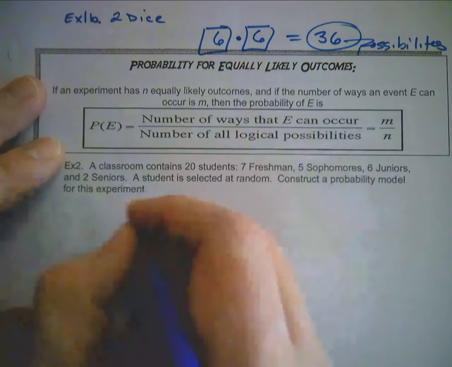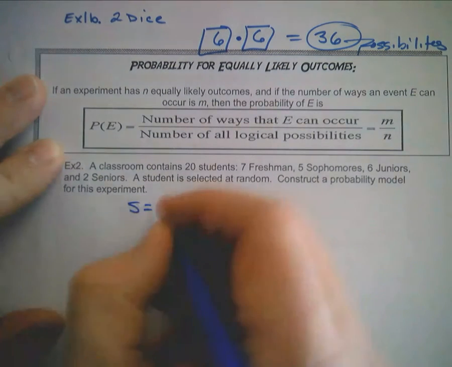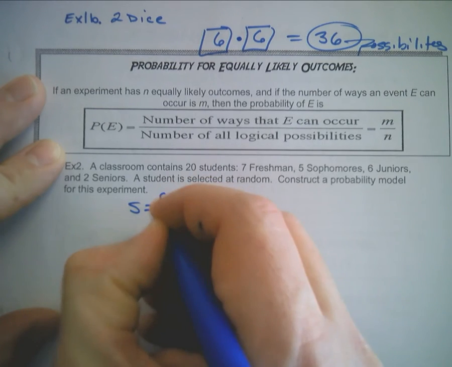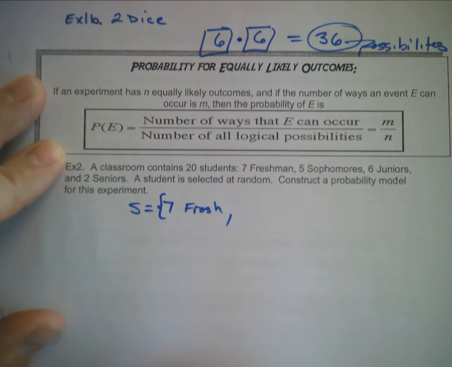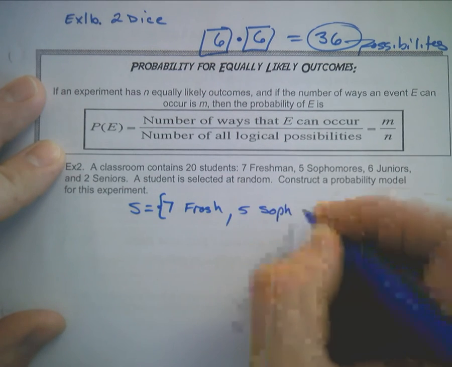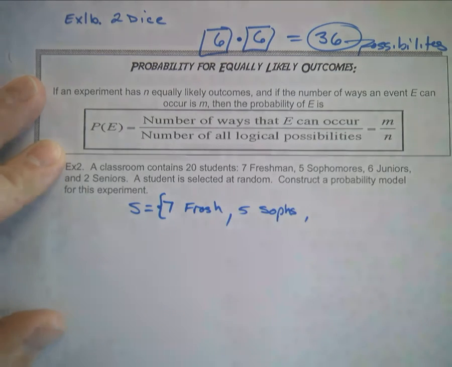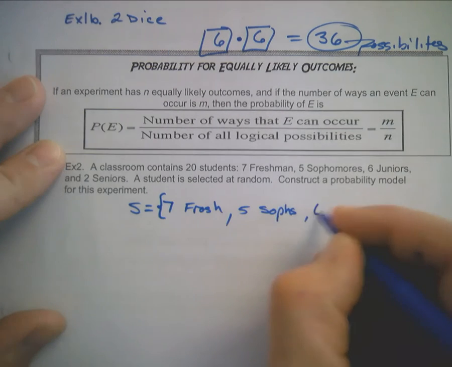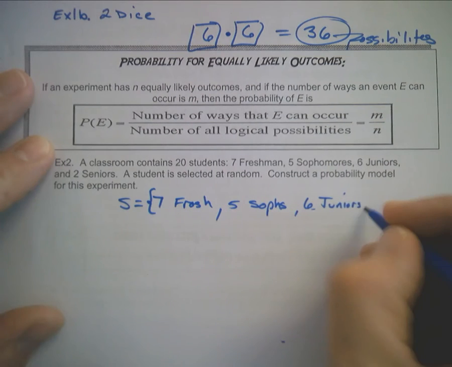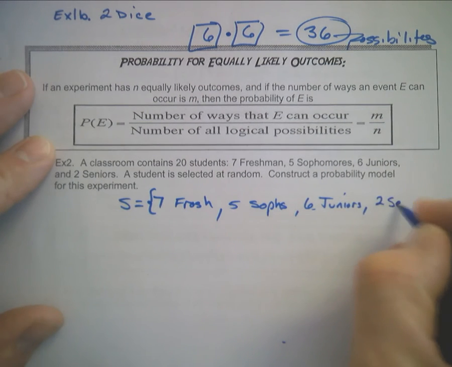So again, my set, I would have 7 freshmen, or frosh for short. I would have 5 sophomores, 5 sophs. I would have 6 juniors. And then I would have 2 seniors.